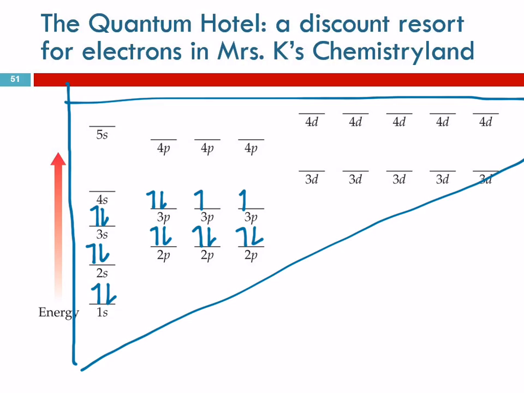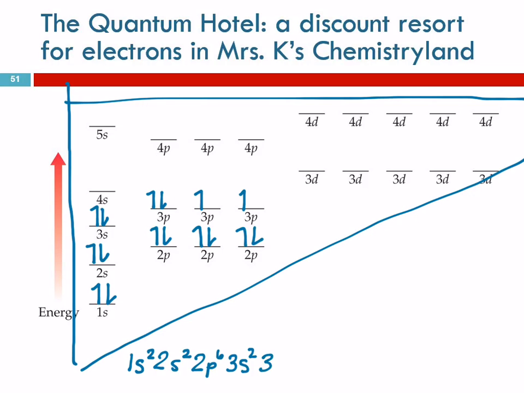So he's going to say, oh, well, the 1s has 2 electrons in it, and the 2s has 2 electrons in it, and the 2p room has 6 electrons in it. What am I writing here? What's that called? Electron configuration. And then the 3s room has 2 electrons in it.